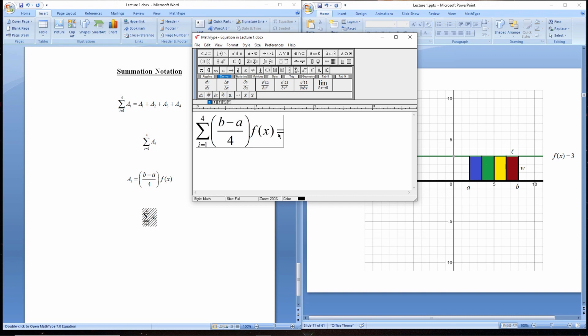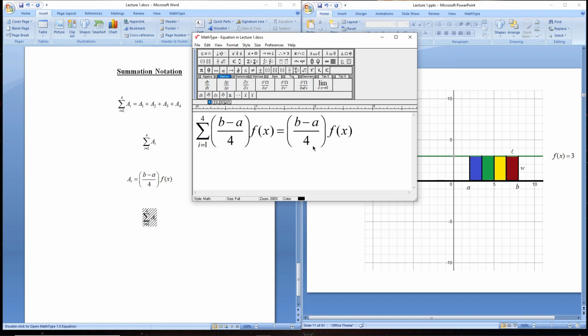And so what does this equal as we increment it through? Well, remember, we start with I equals 1. There's no I in our function, which means nothing changes. So the function stays the same, and we'd still have b minus a over 4 times the function. And that's what we get for I equals 1.